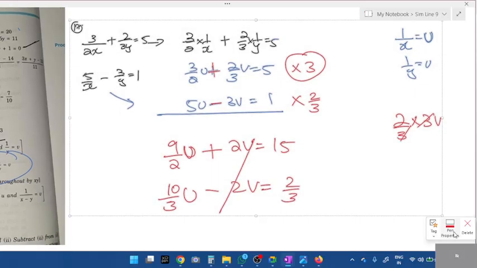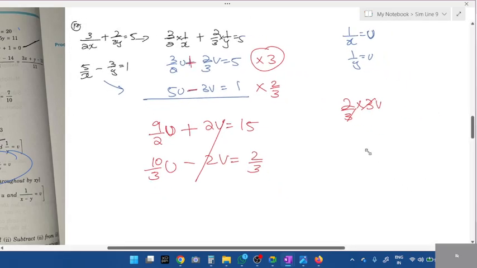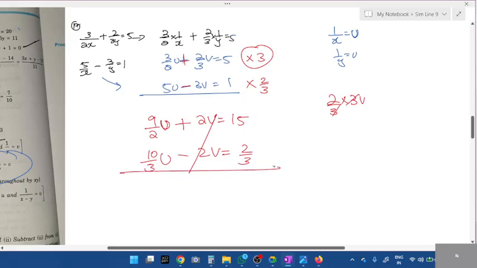This is one of the tough questions. First complete this. Left hand side, both are positive, students. Take 9 by 2u plus 10 by 3u. Take LCM.